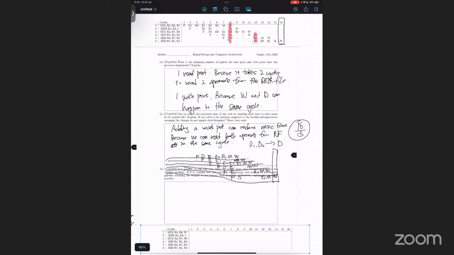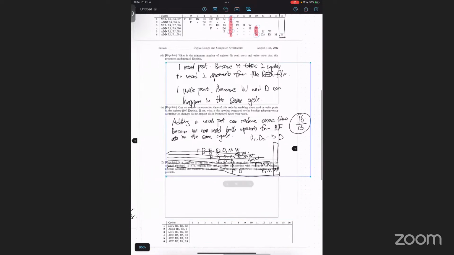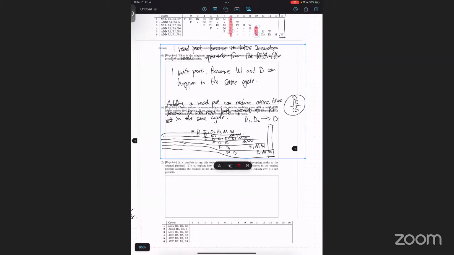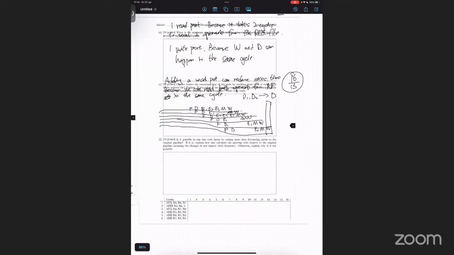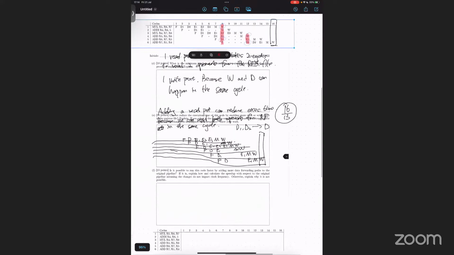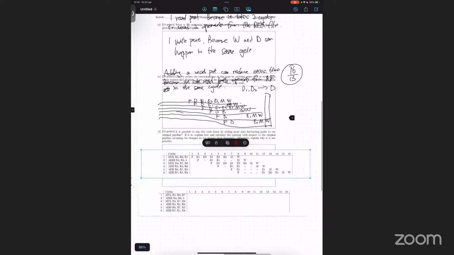Okay. So for the next question, it asks, is it possible to run the code faster by adding more data forwarding paths to the original pipeline? So let's get the original pipeline here as well.